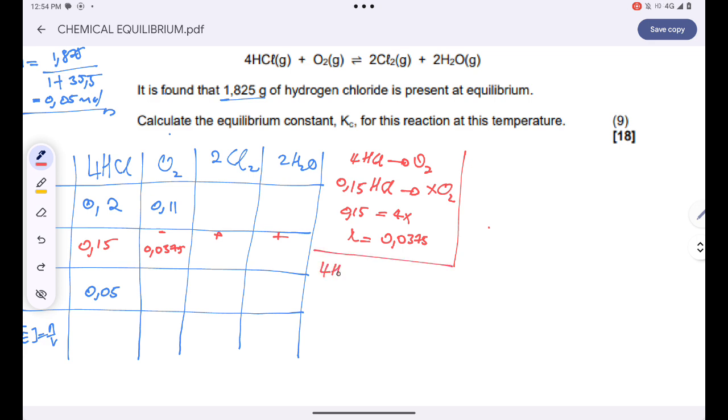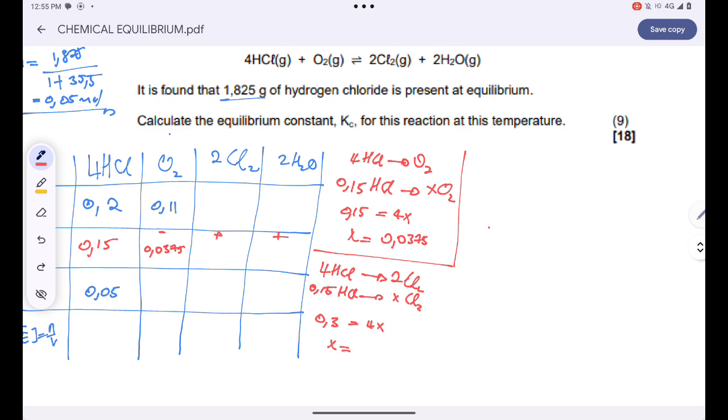I need to use 4 moles of hydrogen chloride to form 2 moles of my chlorine gas. But I only used 0.15 of hydrogen chloride. I want to know how many moles of chlorine I produced. I'll just cross multiply. 2 multiplied by 0.15 is just 0.3. 4 times x is just 4x.